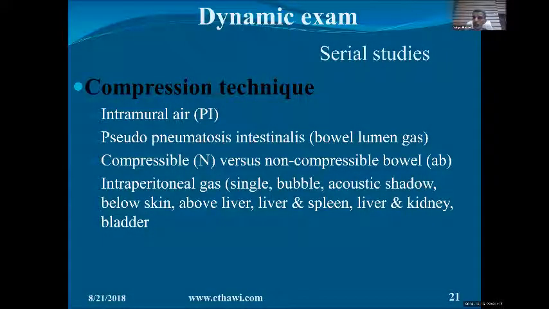Compression is used to differentiate between intramural versus intraluminal gas, or what we call in ultrasound pseudo-pneumatosis intestinalis, the bowel lumen gas. And also it will differentiate the intraluminal from intraperitoneal gas.